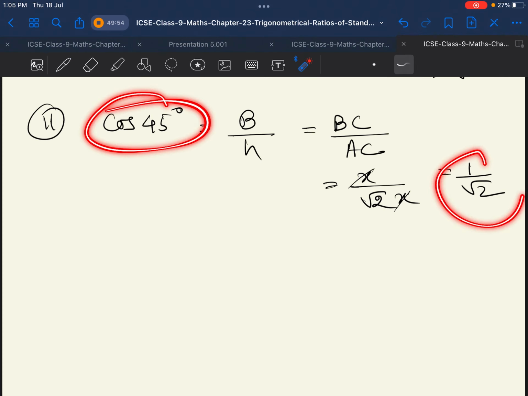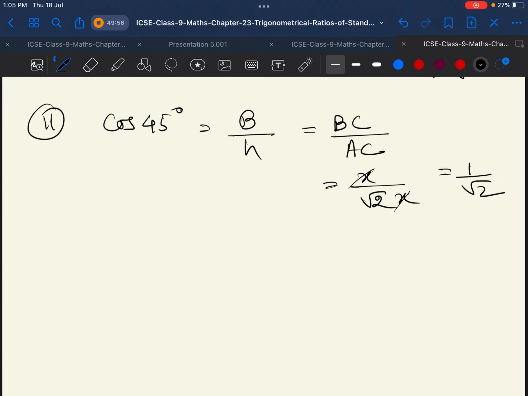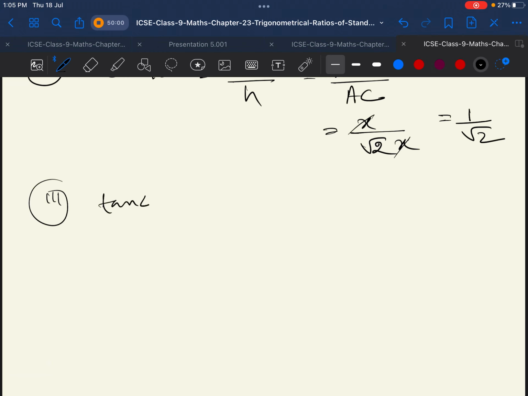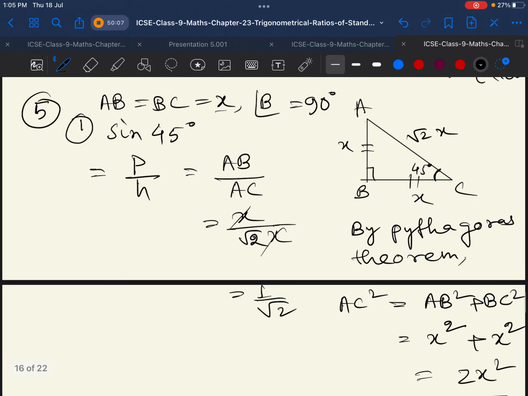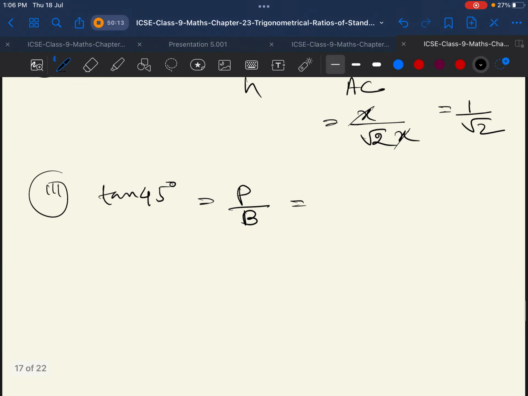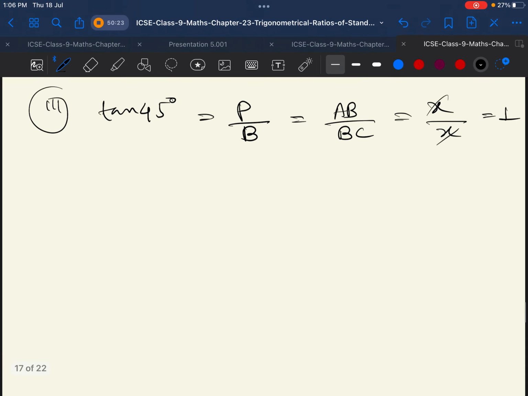So cos 45 degrees is 1 by root 2, you know. Now question number 3, tan 45. Tan 45 we know is perpendicular by base. Perpendicular is AB and base is BC. So AB by BC, AB we know is x, BC is x, x cancels, then we will get 1.